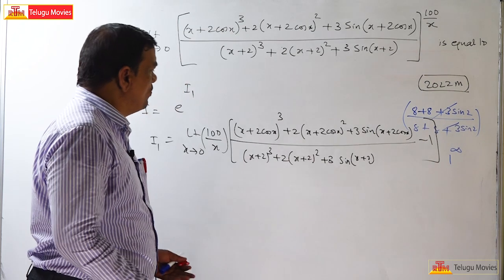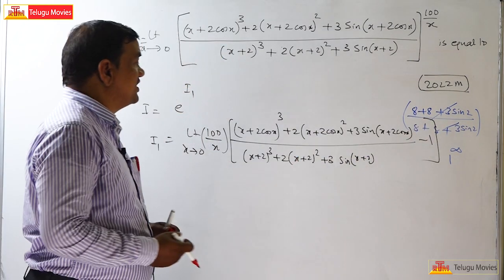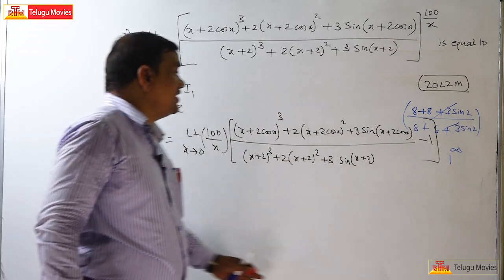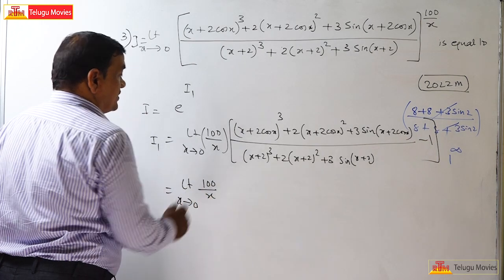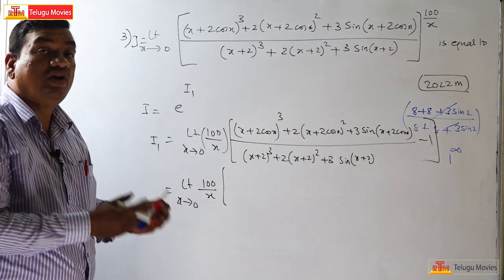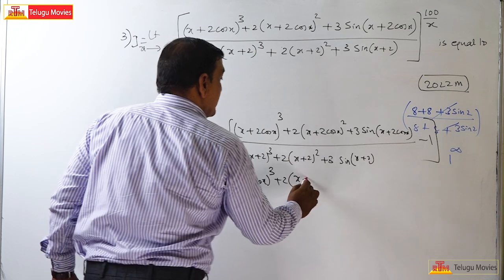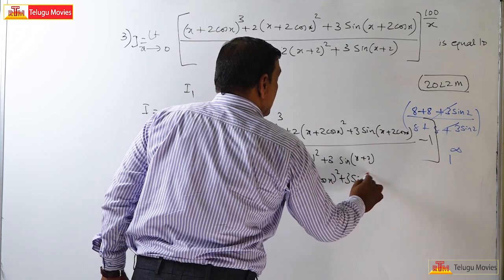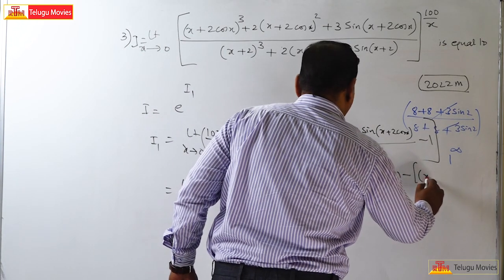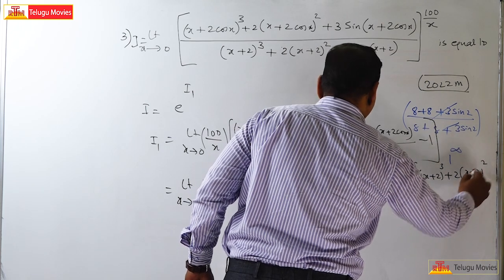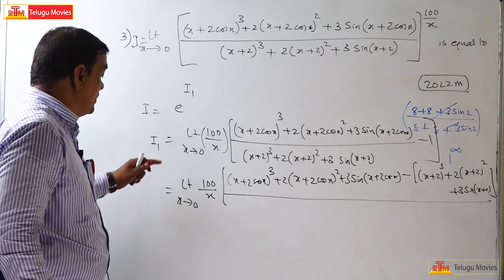Taking the LCM of x plus 2 whole cube plus 2 times x plus 2 whole square plus 3 times sin of x plus 2, this step is limit x tends to 0, 100 by x into: (x plus 2 cos x) whole cube plus 2 times (x plus 2 cos x) whole square plus 3 times sin of (x plus 2 cos x), minus of this whole thing, x plus 2 whole cube plus 2 times x plus 2 whole square plus 3 times sin of x plus 2, divided by the denominator.